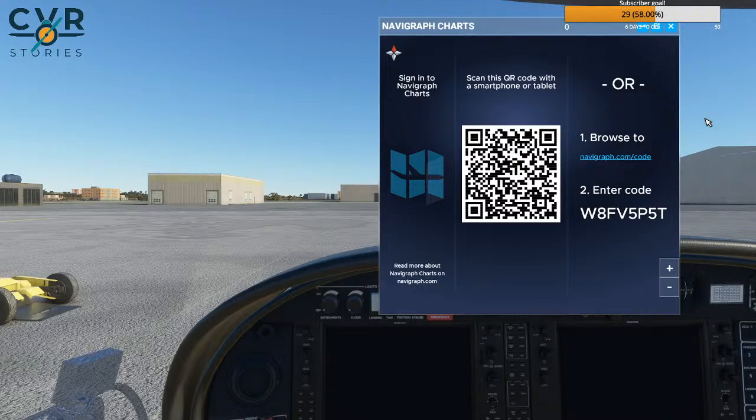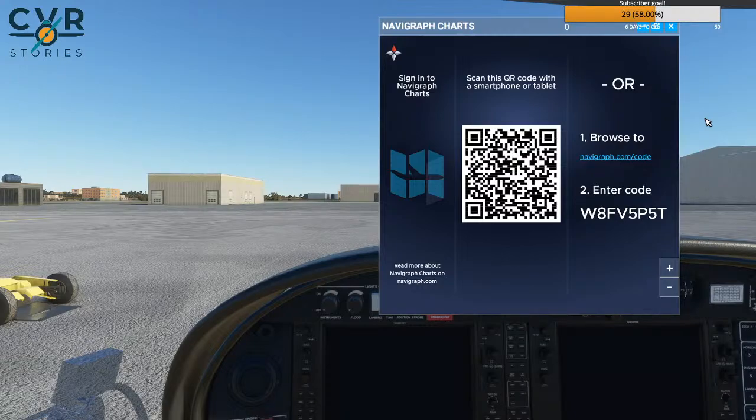For some reason, I've got to do this every time I want to use the inbuilt feature for Navigraph. So we'll just quickly get this ready.